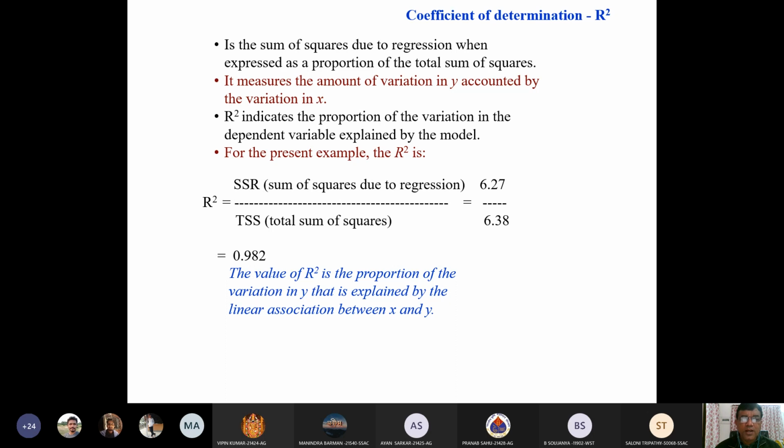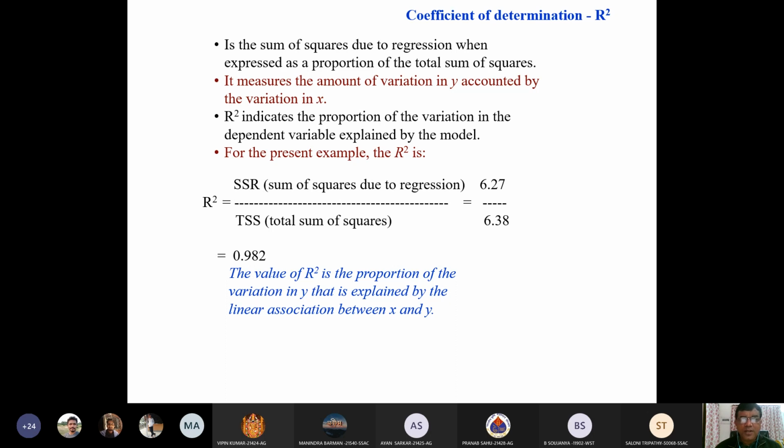Overall, you can see the formula: R square is equal to the sum of squares due to regression divided by the total sum of squares. I think you must have seen this in the ANOVA table I showed where you went for the F test. There, the sources of variation were regression, error, and the total, which is the sum of squares due to regression plus error or residual.